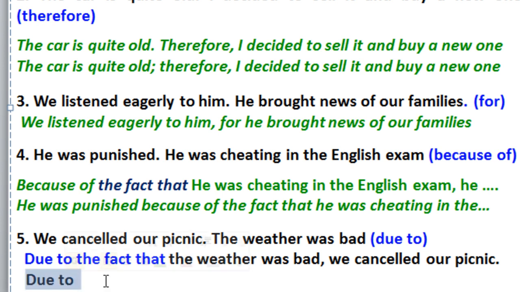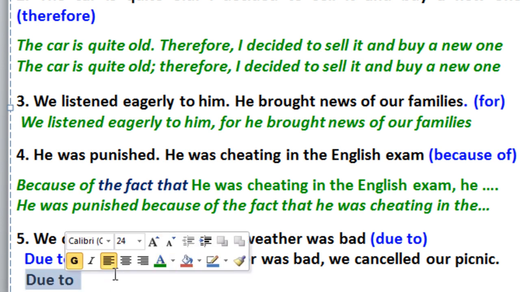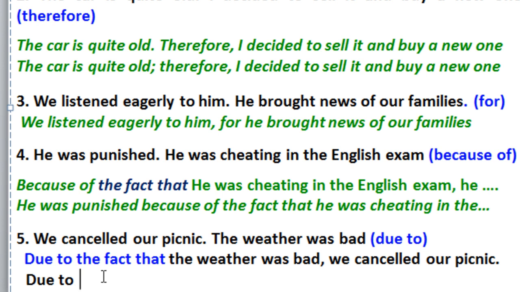So we can make the sentence the weather was bad, noun phrase, due to the bad weather. So the bad weather are three words that function as a noun. Due to the bad weather, comma, we cancelled our picnic.